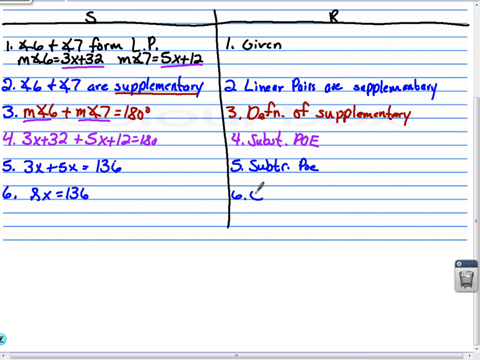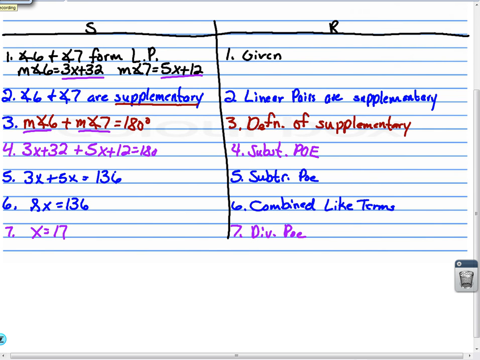You just tell me what you did. I don't care what you call it as long as you're telling me what you just did. To get from 3x plus 5x equals 136 to 8x equals 136, you combine like terms. Step 7. We're going to divide. Division property of equality, and somebody do that for me, please. See what you get. X is 17.